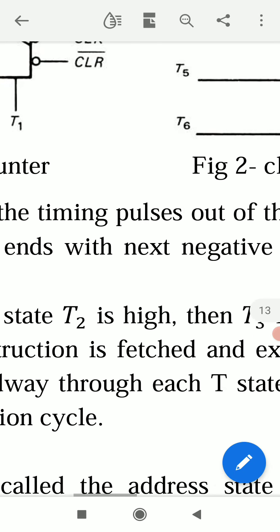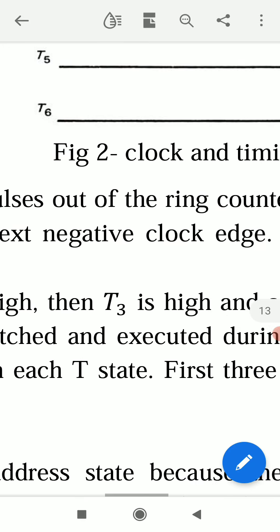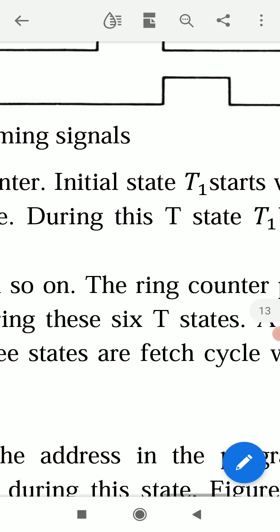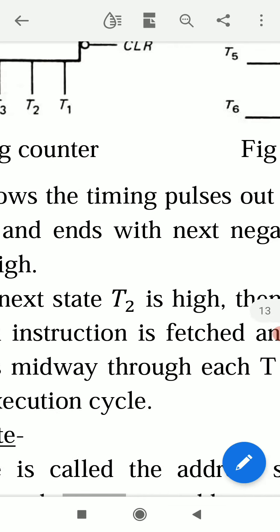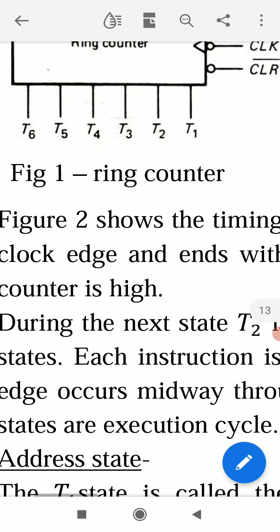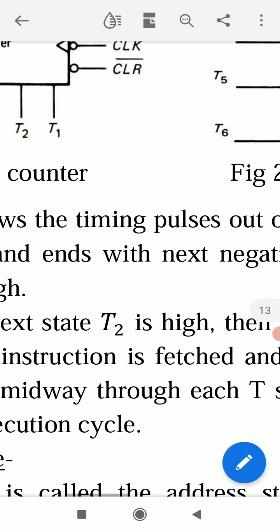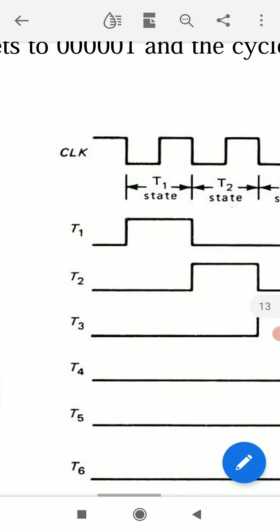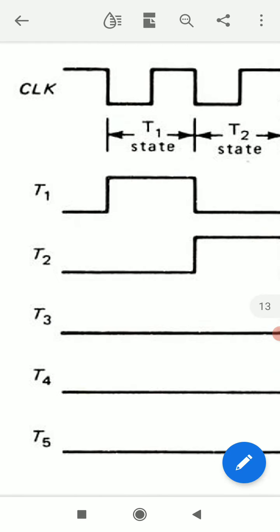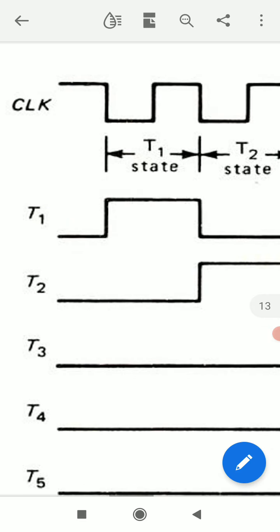Figure 2 shows the timing pulses out of the ring counter. Initial state T1 starts with a negative clock edge and ends with the next negative clock edge. This is the first state, T1 state.